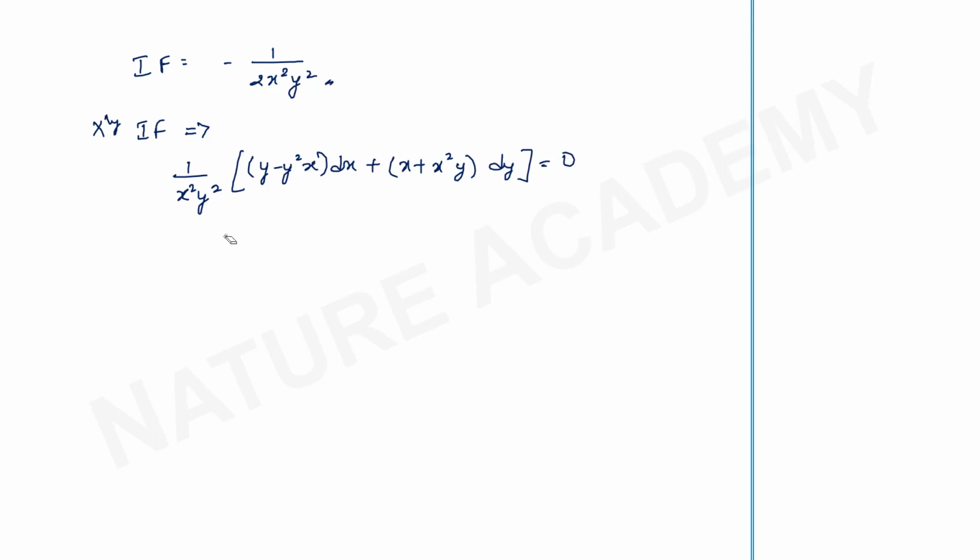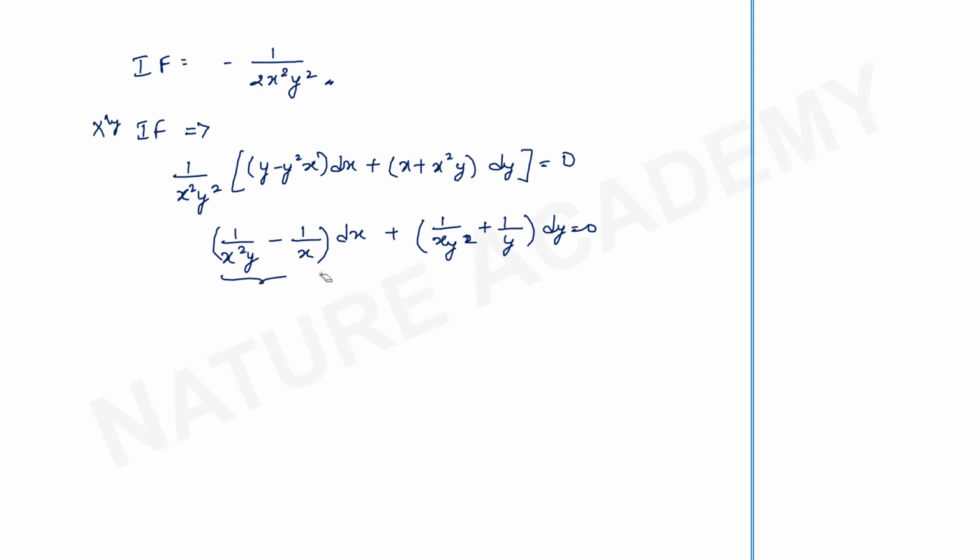If you take this 1 upon x square y square inside the bracket, you get (1 upon x square y minus 1 upon x) into dx plus (1 upon xy square plus 1 upon y) into dy is equal to 0.